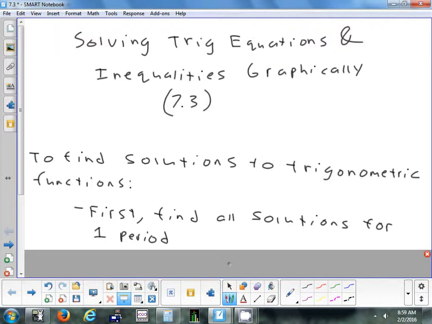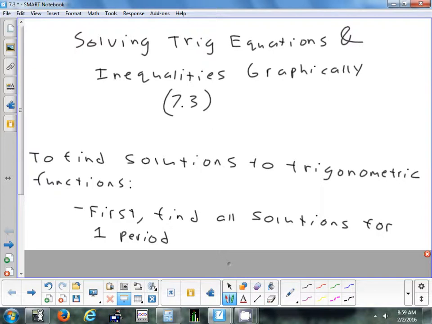In last night's homework, usually for a sine or a cosine problem, there were usually 2 answers per period. When we start doing more complicated trig functions, you could have 3 answers, 5 answers. There's even a problem we're going to do with 6 answers in one period.